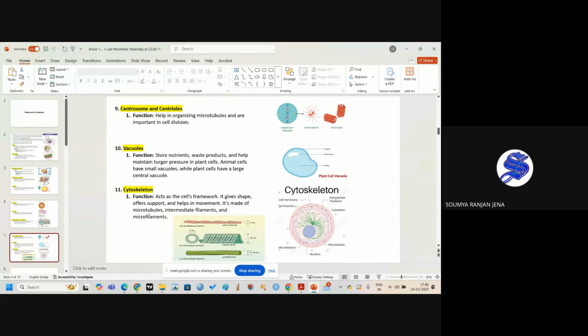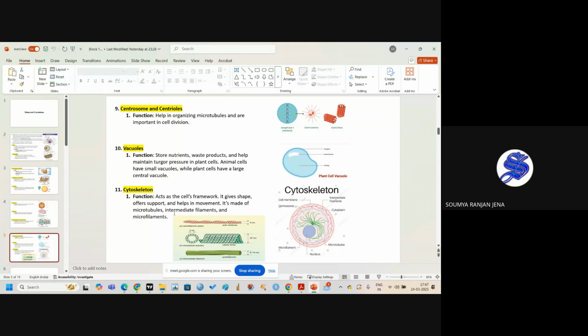The last one is the cytoskeleton. As we study today, the topic is the eukaryotic cytoskeleton. This is one of the major subcellular organelles, and the cytoskeleton acts as the cell's framework. It gives shape to the cell, offers support to the cell, and also enables movement of the cells.